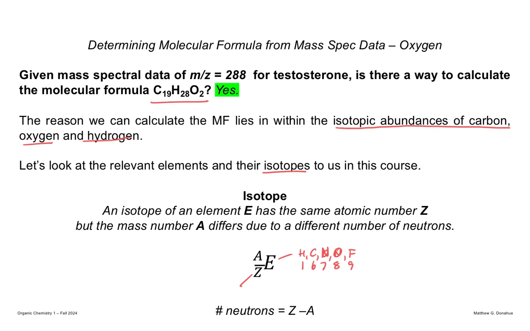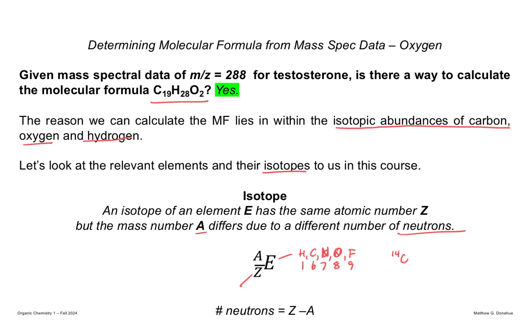But the mass number A differs due to a different number of neutrons. If you've heard of any sci-fi where they talk about isotopes, radioisotopes, you may have seen carbon 14. Again, the 14 is referring to the mass change due to the different number of neutrons.